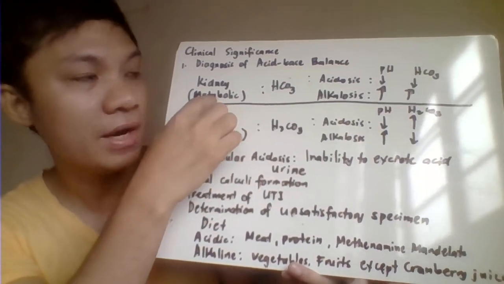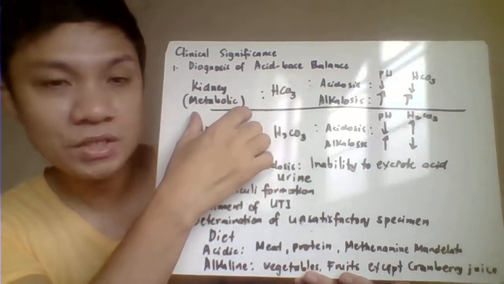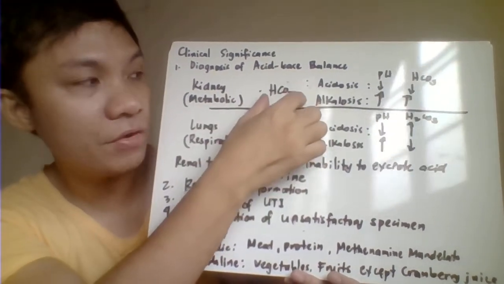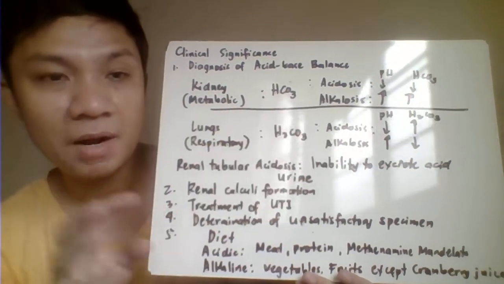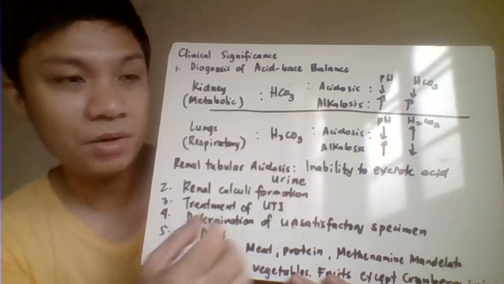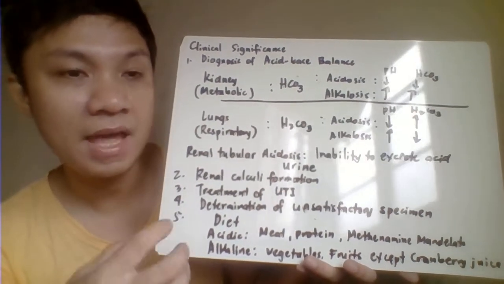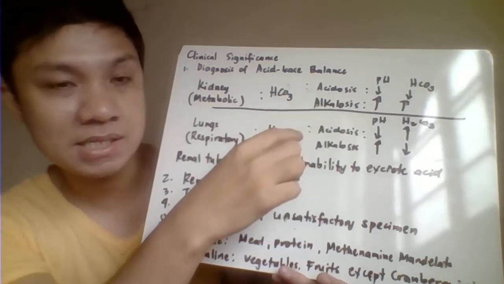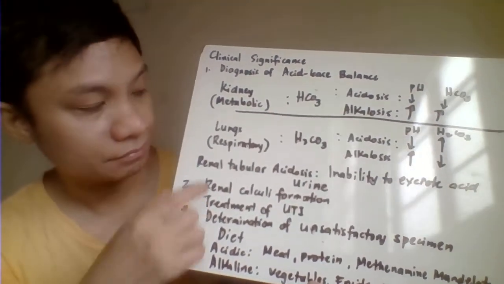We have your kidney, serving as our metabolic function. We try to regulate the level of your bicarbonate. Your kidney tries to reabsorb your bicarbonate. Pag reabsorb niya ng bicarbonate, this is an alkaline, di ba? If you reabsorb the bicarbonate, then what you have is alkalosis. At the same time, the kidney could also excrete the bicarbonate.